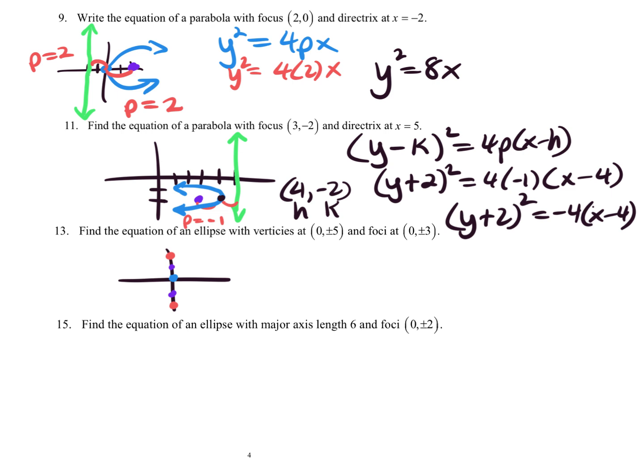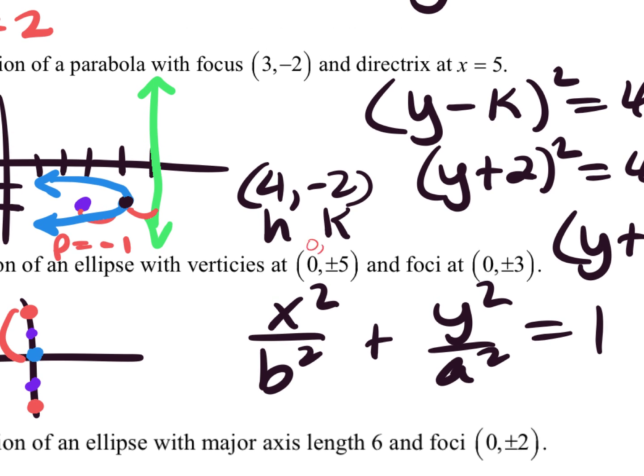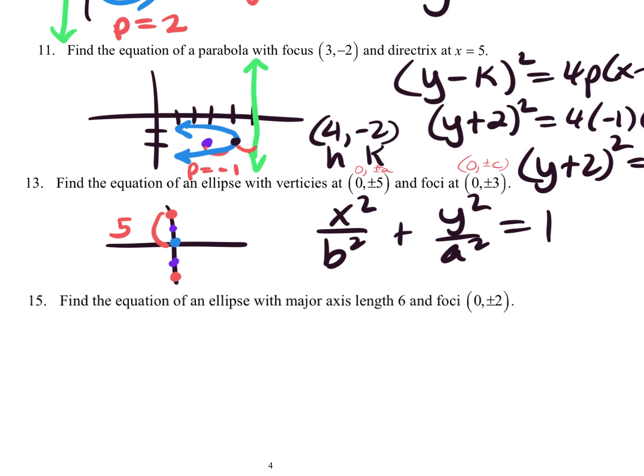So that tells you a² goes under y². So wherever they're lined up, either parallel to the y-axis or parallel to the x-axis, then you'll know where to put the bigger number. And you could also see on this one, you see where the 5 and the 3 are? They're in the y spot. So let's fill it in. So what we're filling in here is x², and then it gets the b², and then y² over the a². Now, in order to find my a value, remember a is the distance from the center to the vertex, and that's going to be 5. And again, also remember it's plus or minus a, and then this is plus or minus c when the center is at 0, 0. So I need to find b though.